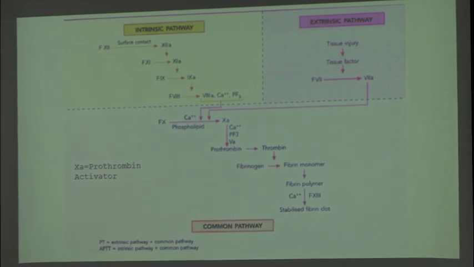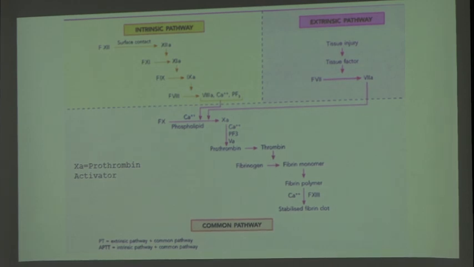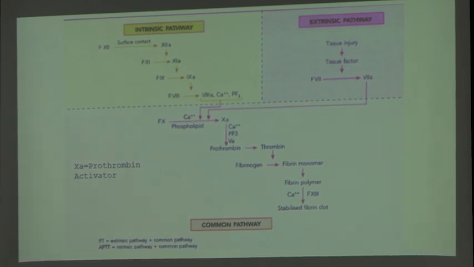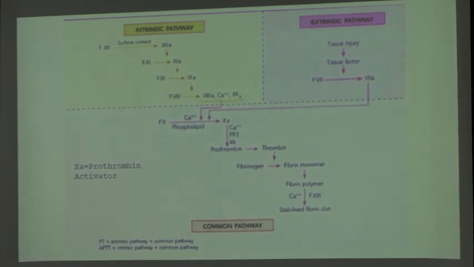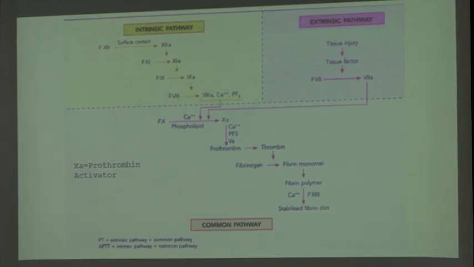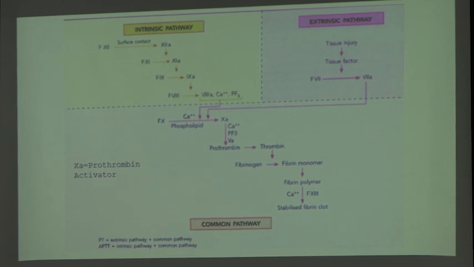Prothrombin is made by the liver. So if there is any liver disease, fibrinogen will not be produced, prothrombin will not be produced, and some other factors will not be produced. So there will be a coagulation disorder because of the damage to the liver.